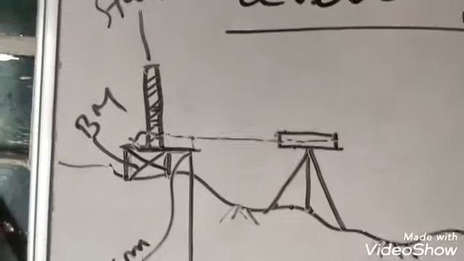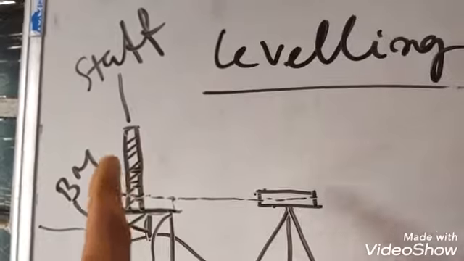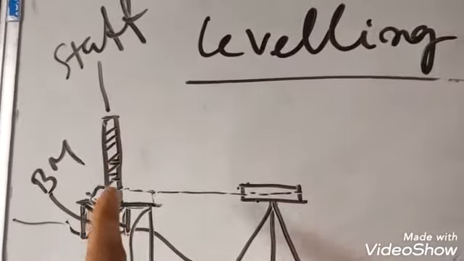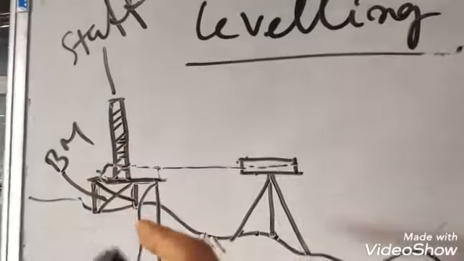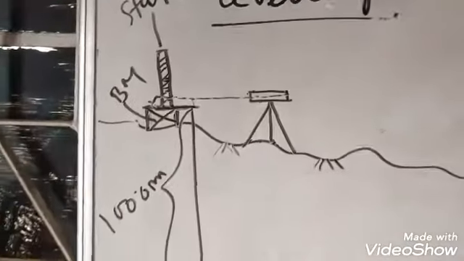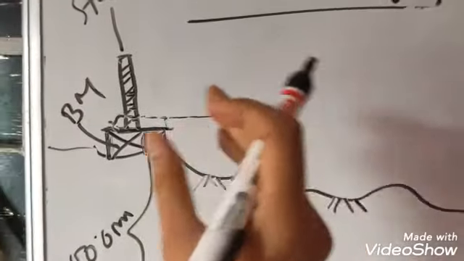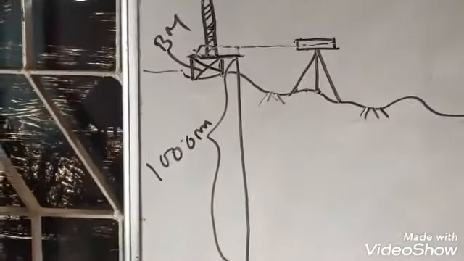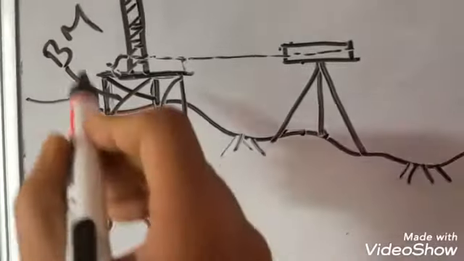To conduct this leveling survey, what we need is the leveling instrument and the staff. Staff is nothing but a vertical, graduated scale with which we can measure the elevations of different points. So we have the leveling instrument and the staff. What else do we need? In order to start the survey, we need the benchmark.